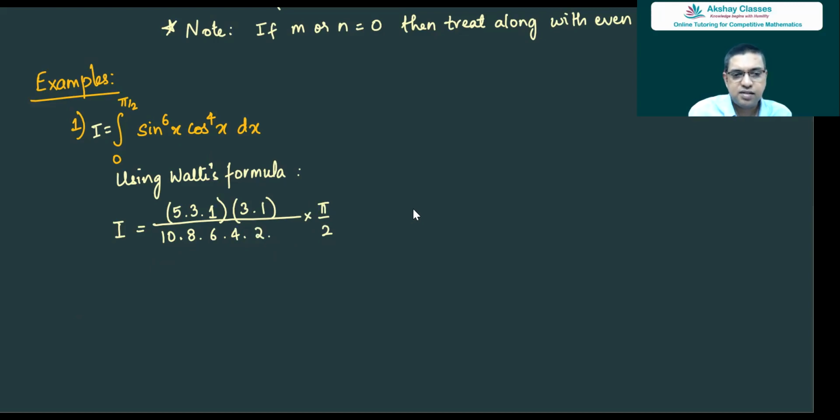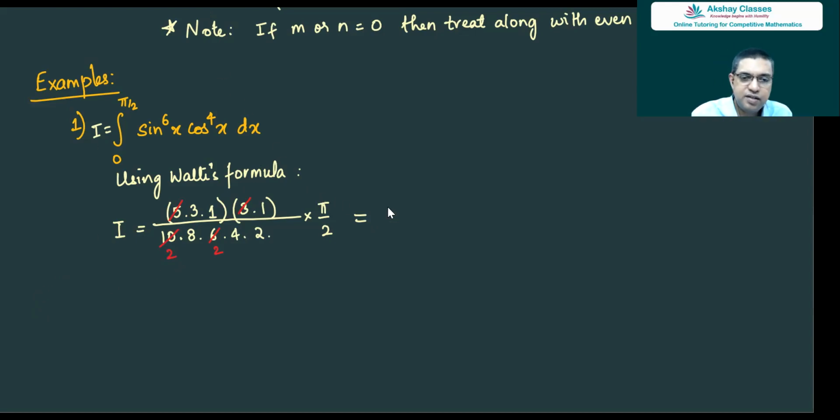So now let us simplify this one. 3 cancels this twice, and then there is no other factor of 3 in the denominator. Then 5 strikes 10 and gives 2.